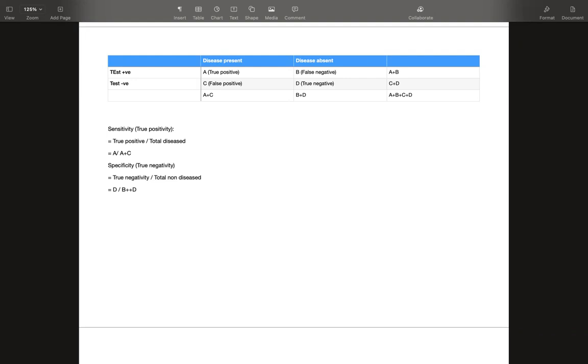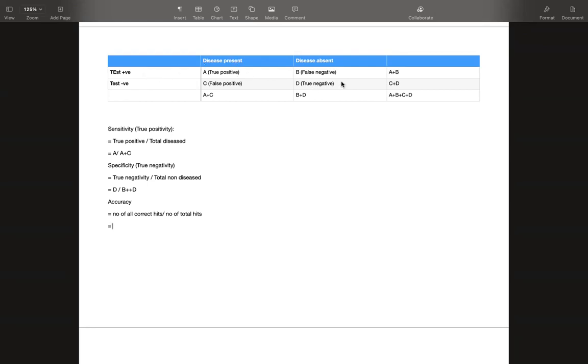Now we have another thing, which is accuracy. The formula of accuracy is the number of all correct hits divided by the number of total hits. What are all correct hits? A means true positive: they are positive on the test and they have the disease.